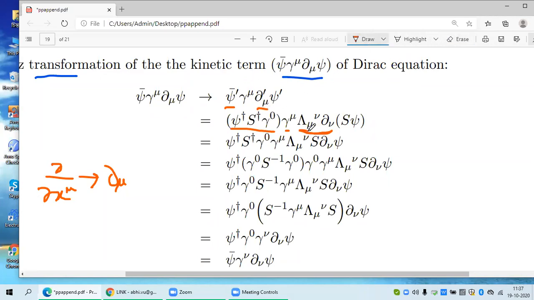For this part, you can write this. Is it clear? And for psi prime, you can write S psi. Is the second line clear to everybody?